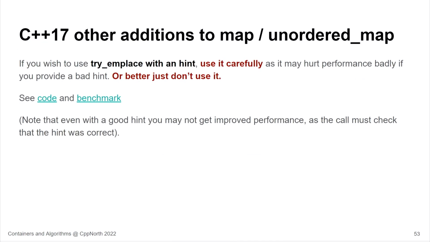Other additions. There is a possibility to try emplace with a hint. It is more relevant for a map than for unordered map. But if you are on a map and you know the position where you want to add a certain key, because you can imagine the structure of the map, it's a binary tree, and you just created that, so you can give a hint to the emplace and call try emplace and give a hint, okay?